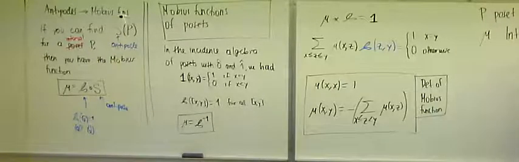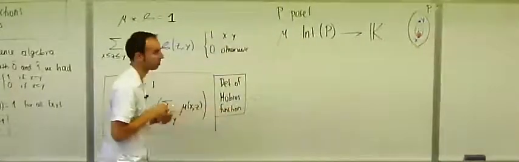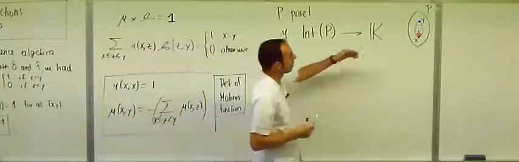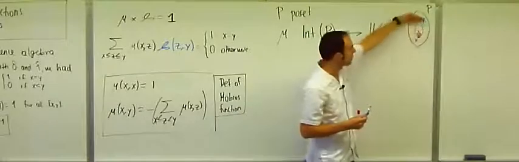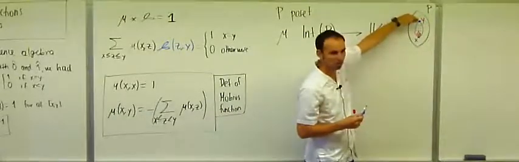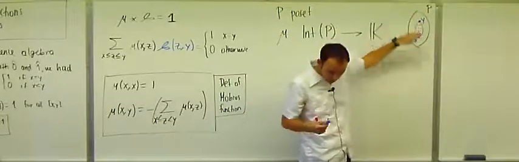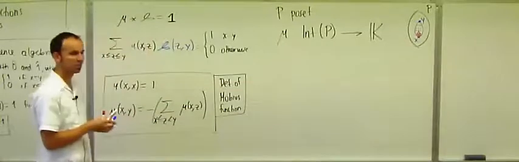You add all of those, and then you switch the sign, and that's how you get mu of x y. That's what I mean by recursive. So given that I computed mu of x, z for every z which is lower than y, I know how to compute mu of x y. Question?